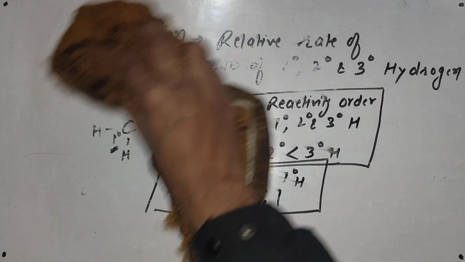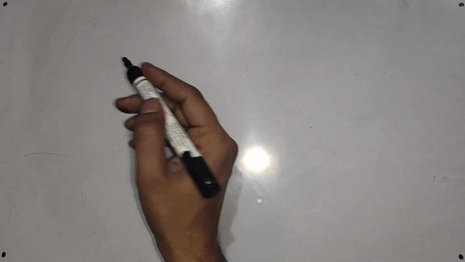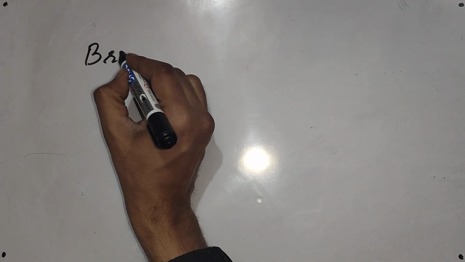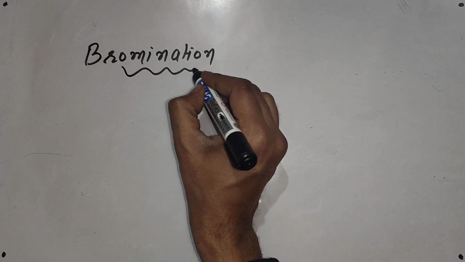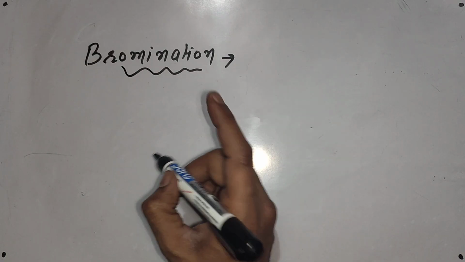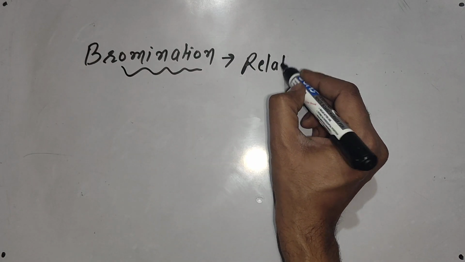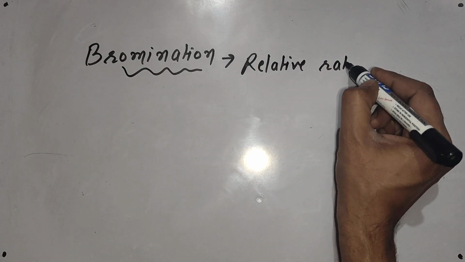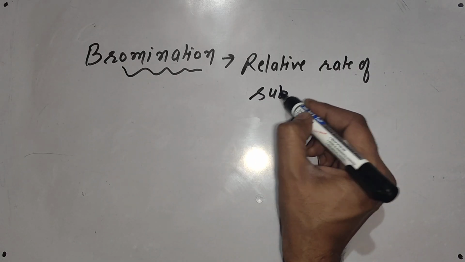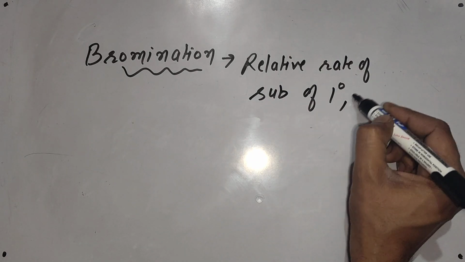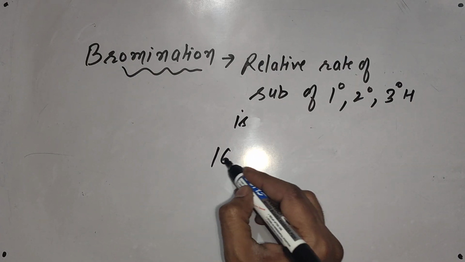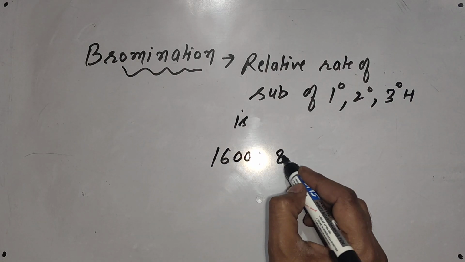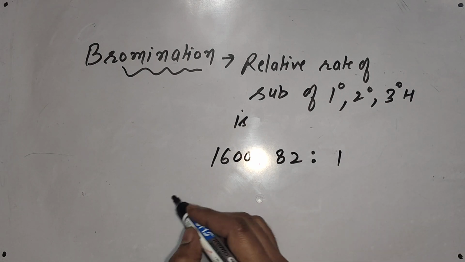In bromination, the relative rate of substitution of 1 degree, 2 degree and 3 degree hydrogen is 1 : 82 : 1600.